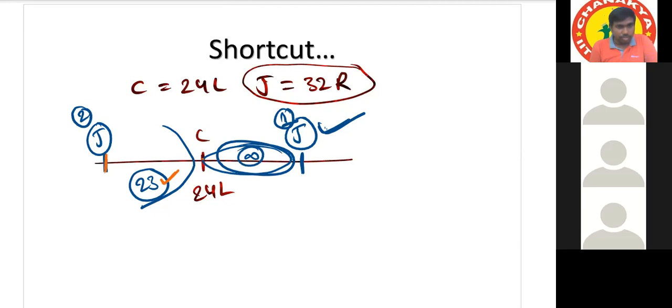Now tell me how many members you can accommodate maximum between Junnu and Chinnu? 23 including Junnu, but excluding Junnu, between them, 22 is the only possibility. So then how can you get two possibilities if there are 100 members between them?